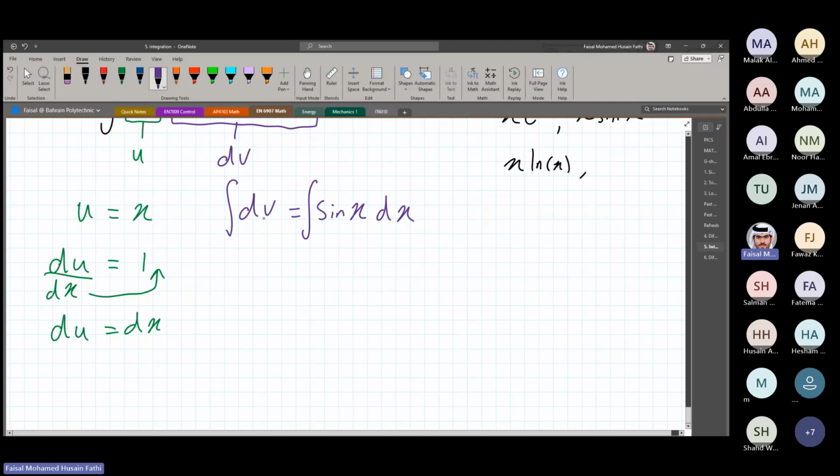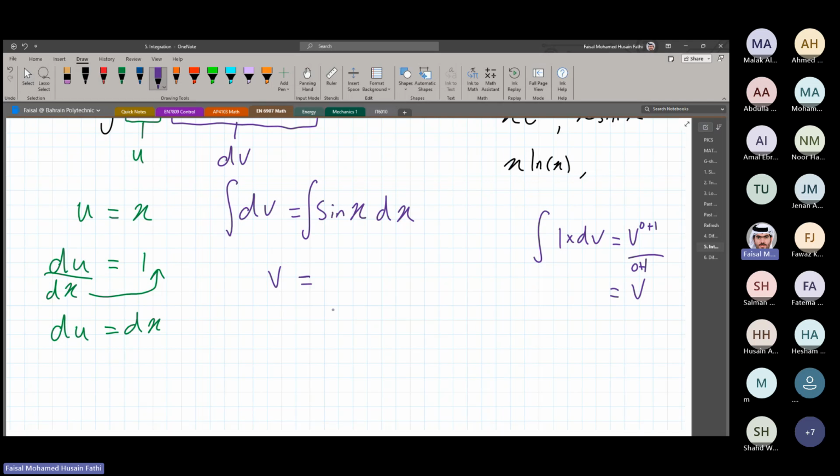So the integration of dv is simply v, because when you integrate, it's like saying 1 times dv, which gives v to the power of 0 plus 1 over 0 plus 1, so it's simply v.